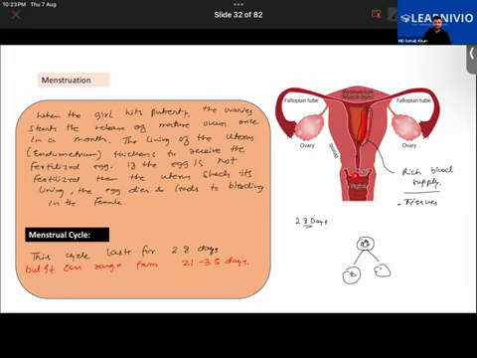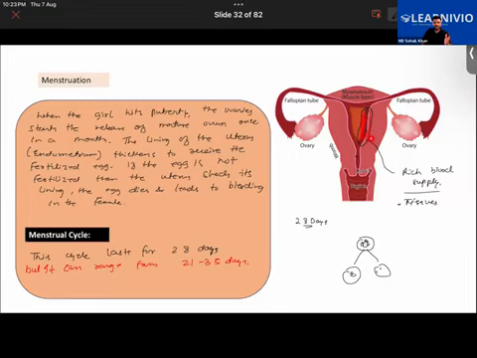At the same time, the ovary is preparing an egg, and the lining of the uterus starts building up again to get ready to catch the fertilized egg if fertilization takes place.